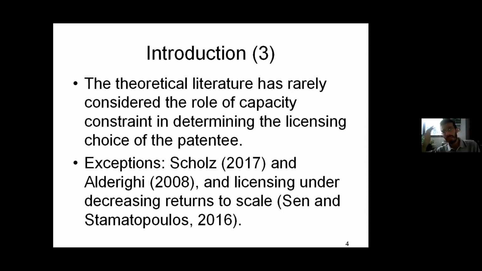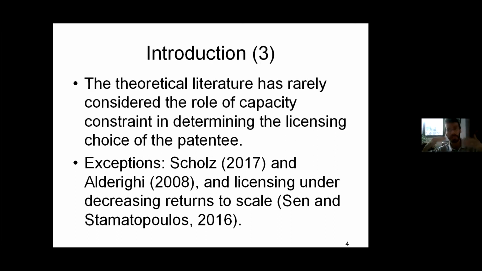What is quite surprising is that the patent licensing theoretical literature has rarely considered the role of capacity constraint in determining the optimal licensing scheme of the patentee. There are very few exceptions. To the best of our knowledge, there are just two. One is a working paper by Eva Scholz, 2017, which is very different from our model.